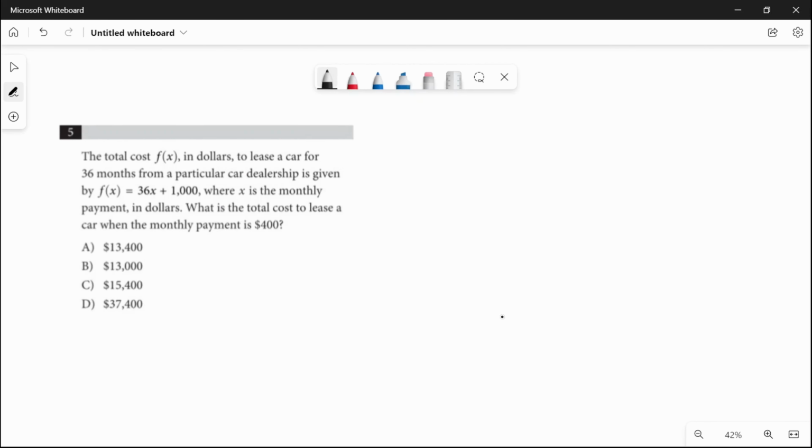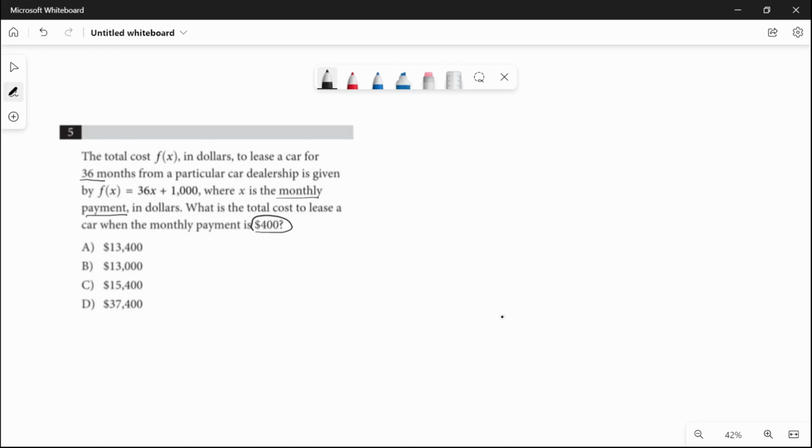The total cost f of x in dollars to lease a car for 36 months from a particular car dealership is given by f of x equal to 36x plus 1000, where x is a monthly payment in dollars. What is the total cost to lease a car when the monthly payment is equal to 400?